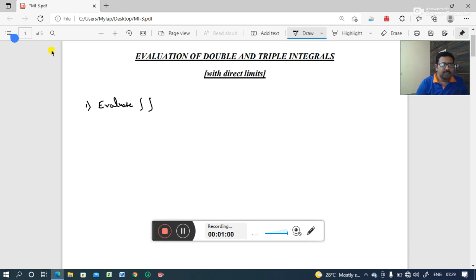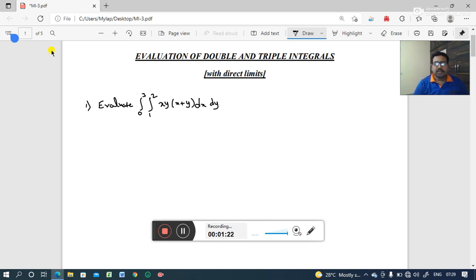First integral limits are 0 to 3, second integral limits 1 to 2, and the function is xy into x plus y dx dy. So this is the problem.